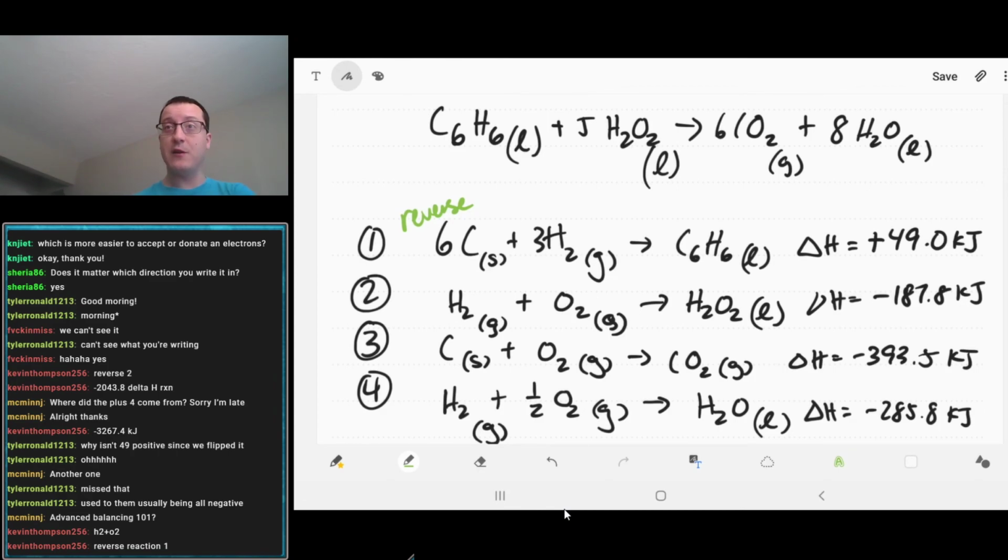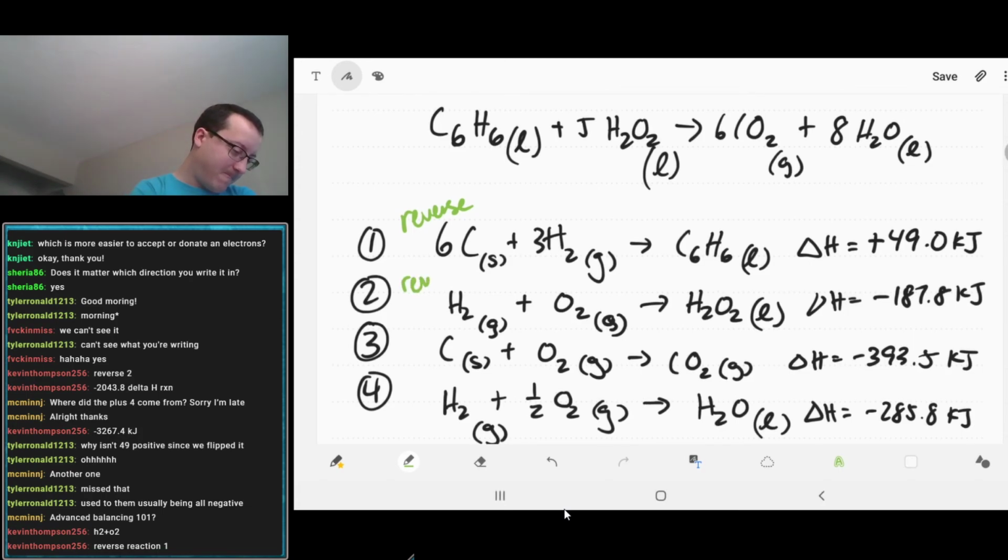Second one will need to be reversed as well, right? Because it's also a reactant. And we also have to multiply it by 5, because we have 5 hydrogen peroxides in our reaction. Next one, we're going to have times 6. Last one times 8.